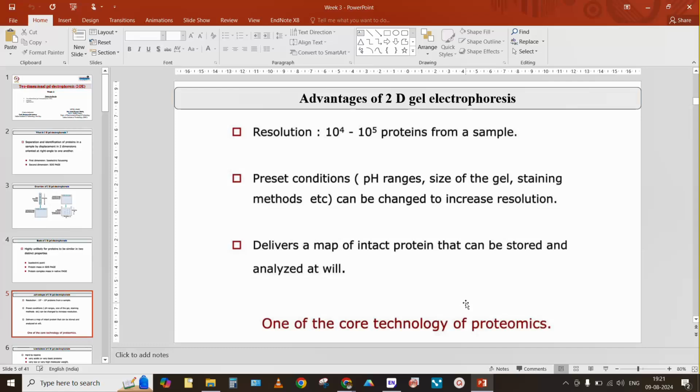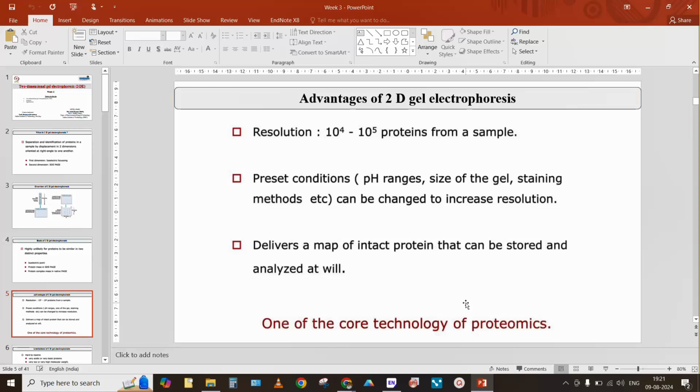We can also identify proteins through mass spectrometry compatibility. Proteins separated by two-dimensional electrophoresis can be easily excised from the gel, digested into peptides, and identified using mass spectrometry. This makes it a powerful tool for protein identification and characterization.